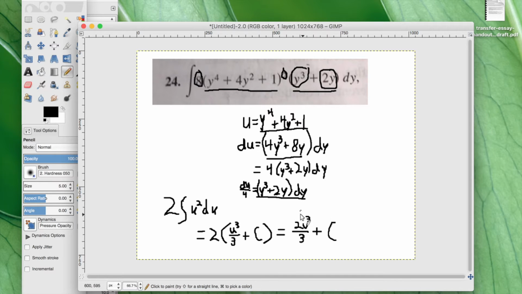The reason is because we substituted u for y to the 4th plus 4y squared plus 1. The result of this integral has to be in terms of y, because we're given this integral in terms of y. So in order to do that, all we've got to do is take this u value and substitute it back in.